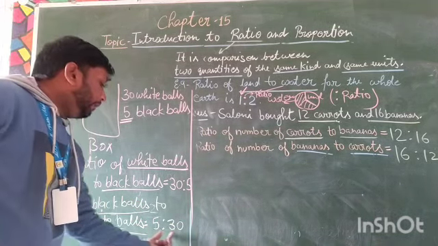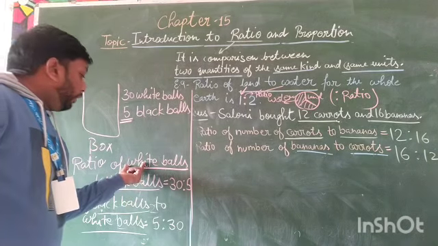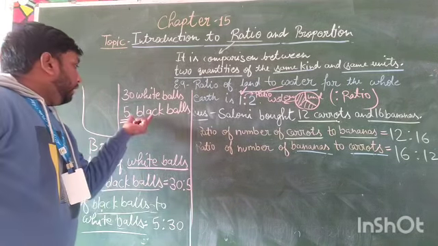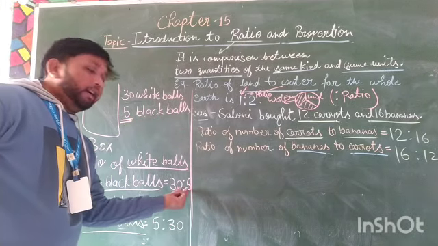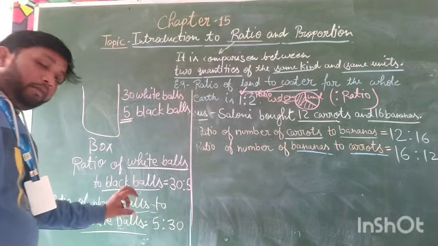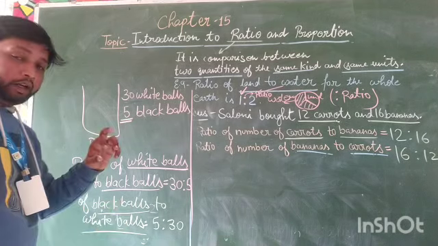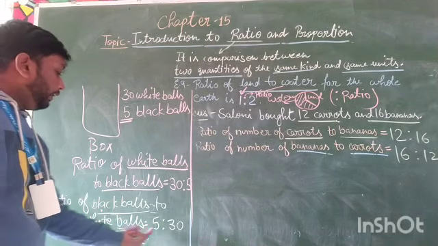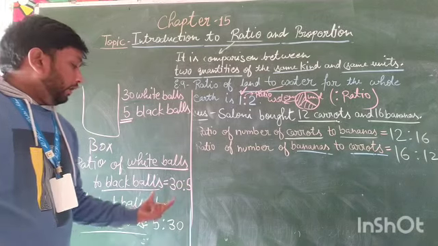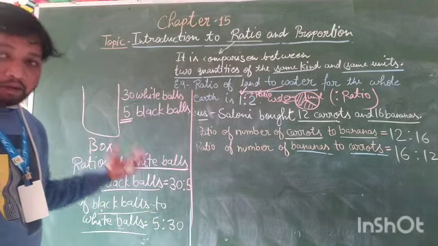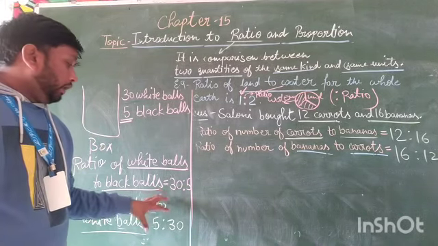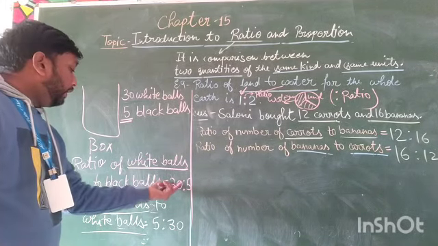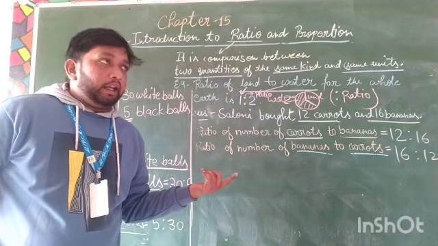The ratio becomes 5:30. If we write white balls to black balls, the ratio is 30:5, and if we compare black balls to white balls, the ratio becomes 5:30. If we reverse the comparison, then the ratio is also inverted.